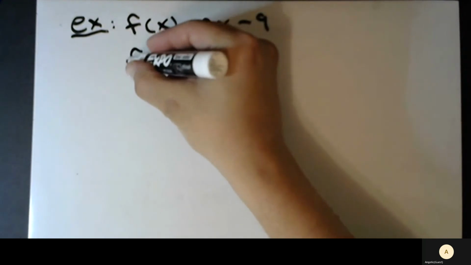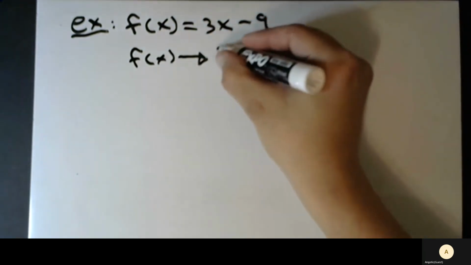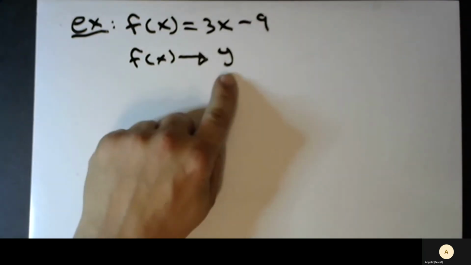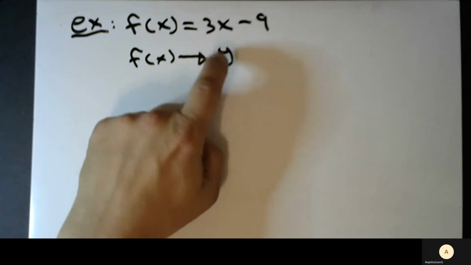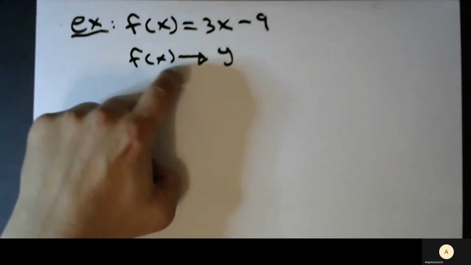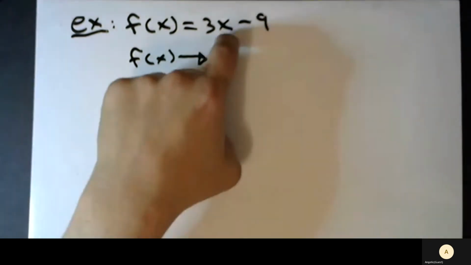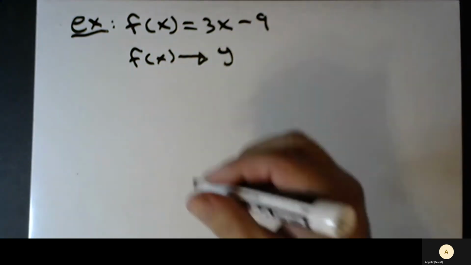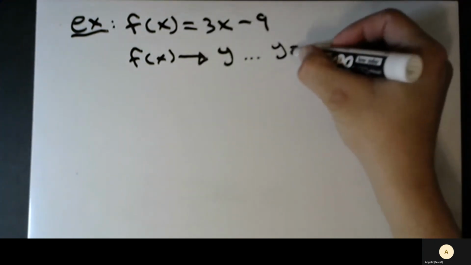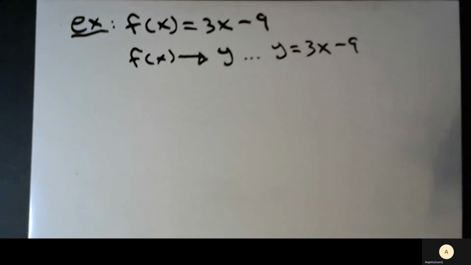So we can make f of x, we can call it y. They play the same role. The value of y will depend on what we choose for x. Same with f of x. This symbol, its value will depend on what we choose for x. So this gives us y equals 3x minus 9.